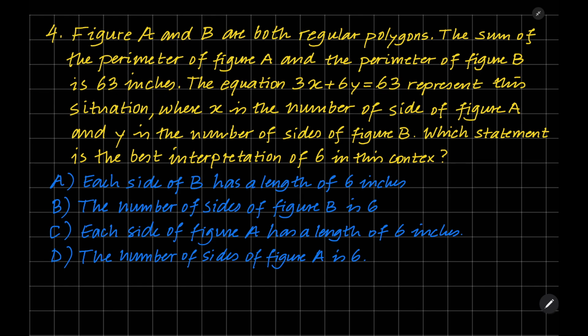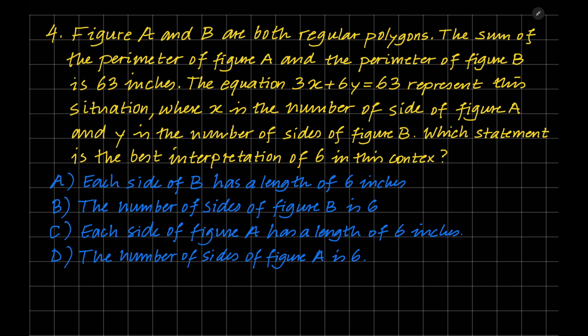Question 4. Figure A and B are both regular polygons. The sum of the perimeter of figure A and the perimeter of figure B is 63 inches. The equation 3x plus 6y equal to 63 represents this situation, where x is the number of sides of figure A and y is the number of sides of figure B. Which statement is the best interpretation of 6 in this context?